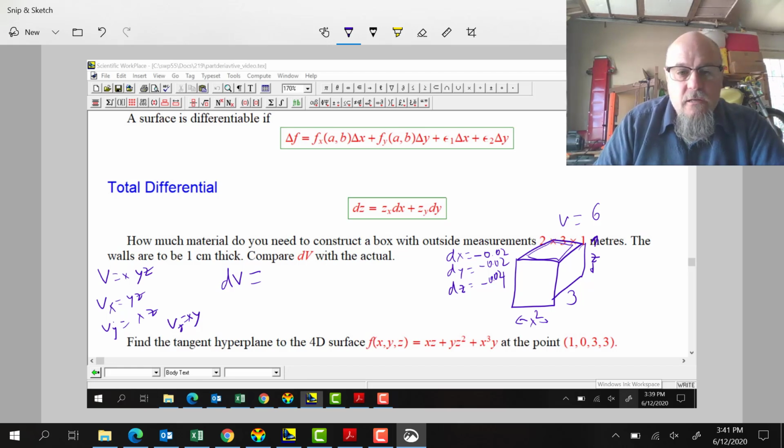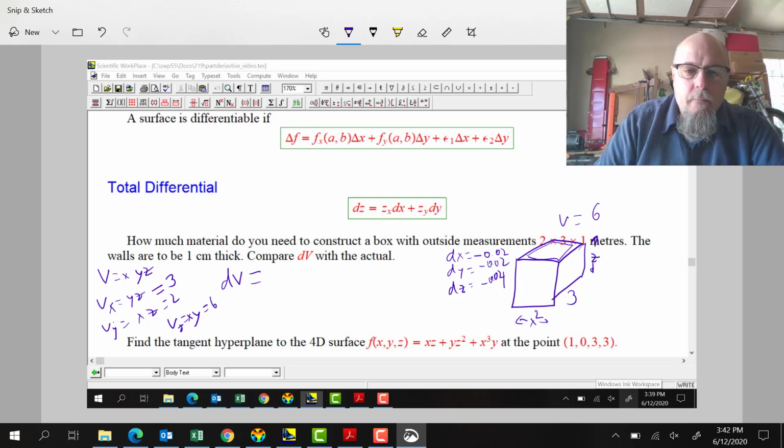So the change in material is equal to, all right, let's get these as numbers. That's going to be 3 times 1. That's going to be 2 times 1. And that's going to be 2 times 3.